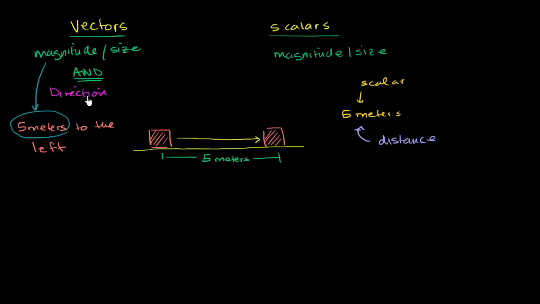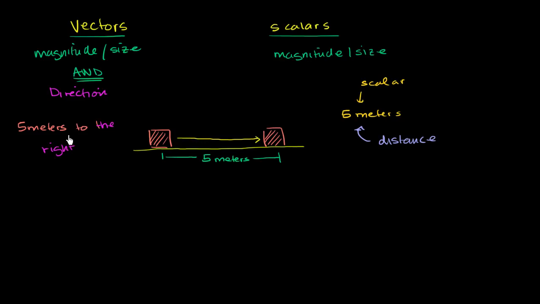And we have specified a direction to the left. So you now explicitly know that they went 5 meters to the, oh, sorry, it should be 5 meters to the right. Let me change that. So 5 meters to the right is what it got moved. It started here. It went 5 meters to the right.